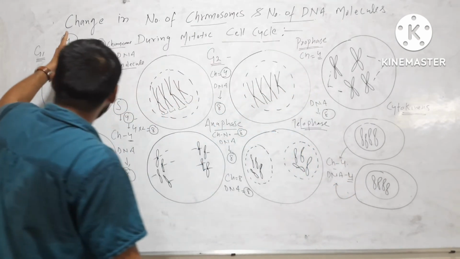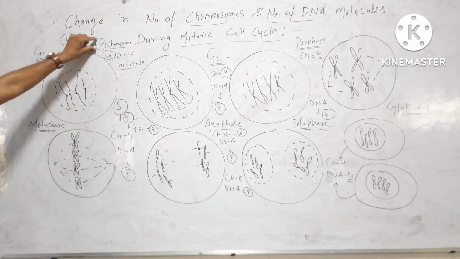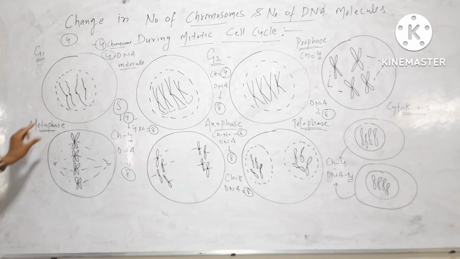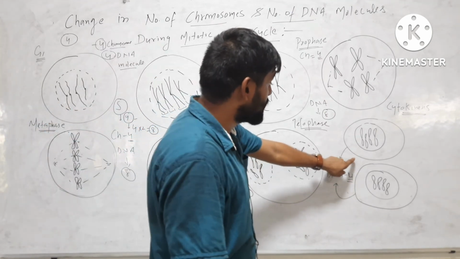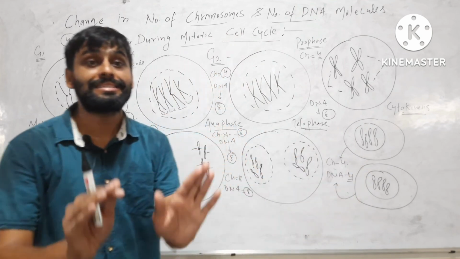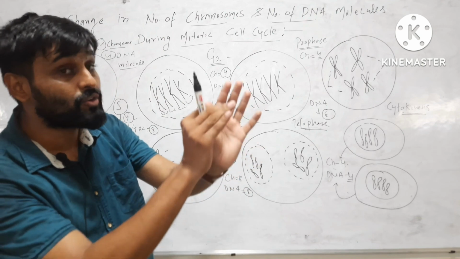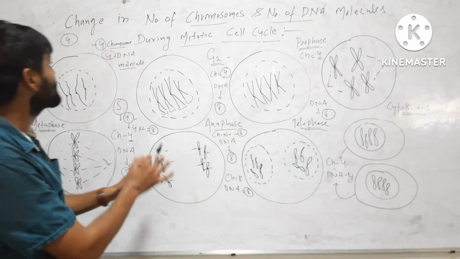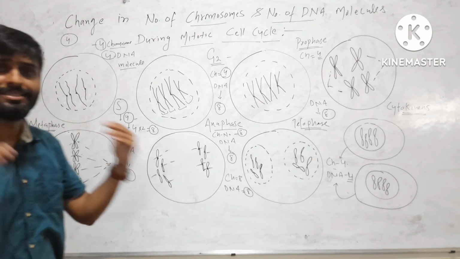So that is why this division is called equational division. Initially we have 4 chromosomes, 4 DNA molecules. After division, this cell is divided into 2 cells and both cells received the same number of chromosomes and same amount of DNA molecule. So this is change in number of chromosome and number of DNA molecule during mitotic cell cycle.